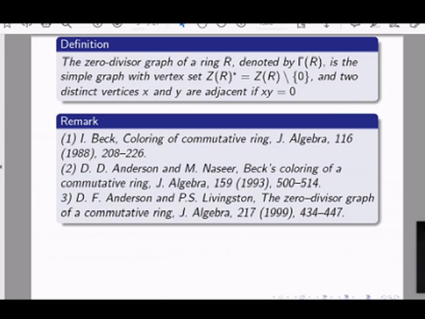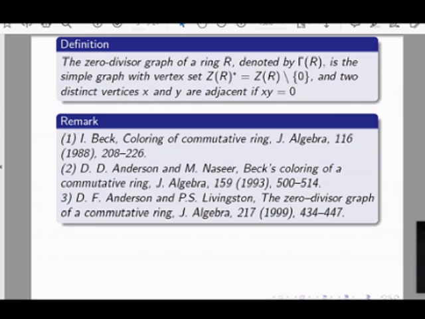The definition of the zero divisor graph as we know it now, and as we study it, started in 1999 by number three, Anderson and Livingston, where they introduced what we now call the classical zero divisor graph.